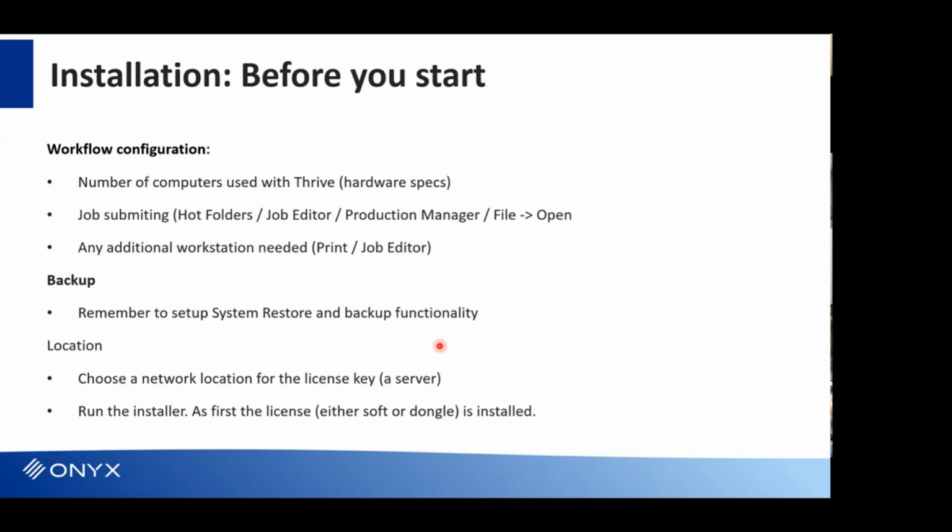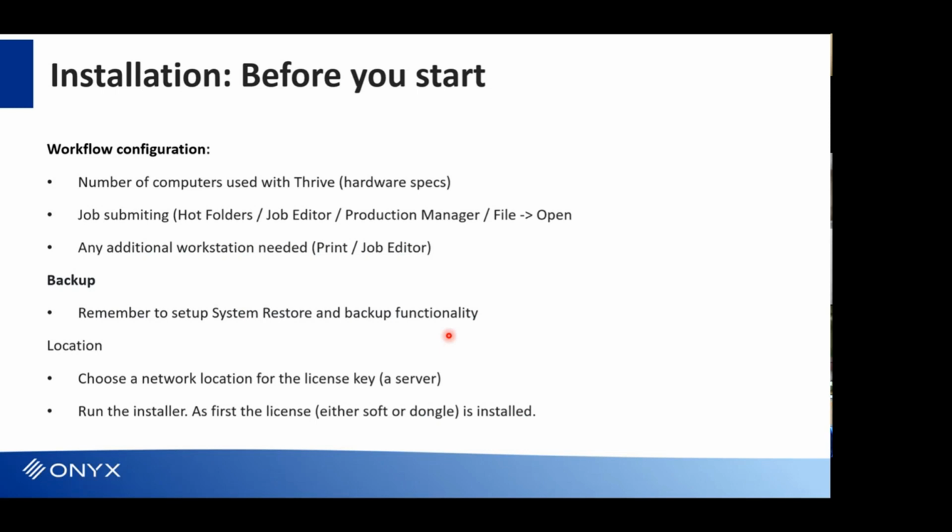Then before you start the installation, if it's Drive, remember to choose the location of the license key. It can be a server, or a PC connected to the network, which you will choose as the main one, right?